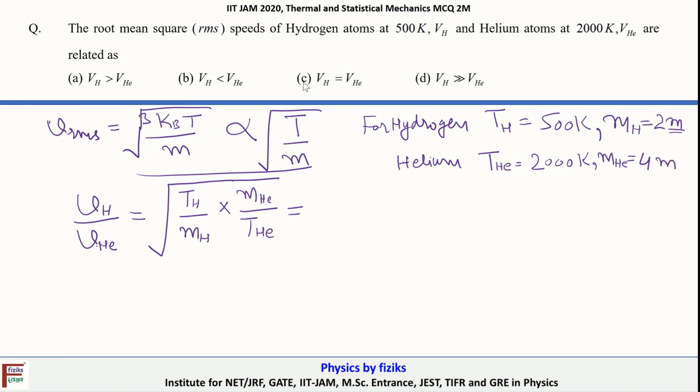If you substitute these values, we obtain 500 divided by twice m. This m will cancel with this m, so I'm writing only 2 here, just for clarification, 2m and then 4m divided by 2000.